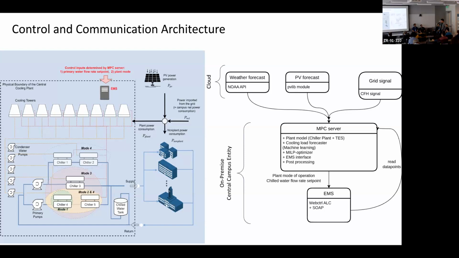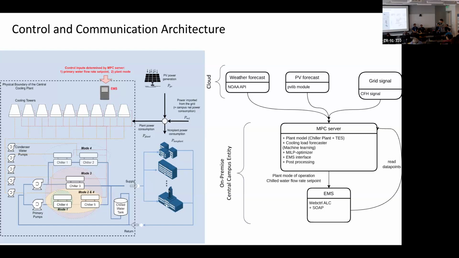Sometimes on a cloudy day, the solar generation reduces a lot within a very short time period. So instead of rule-based control, we proposed model-predictive control, and the right-hand side shows the way of implementing the MPC.